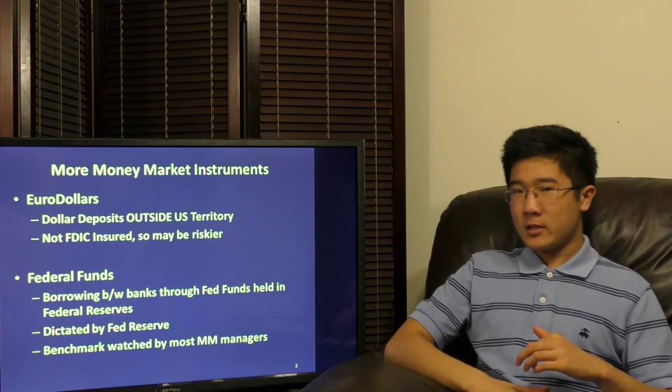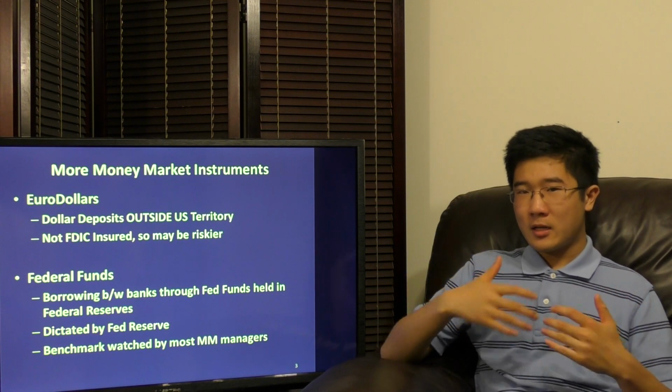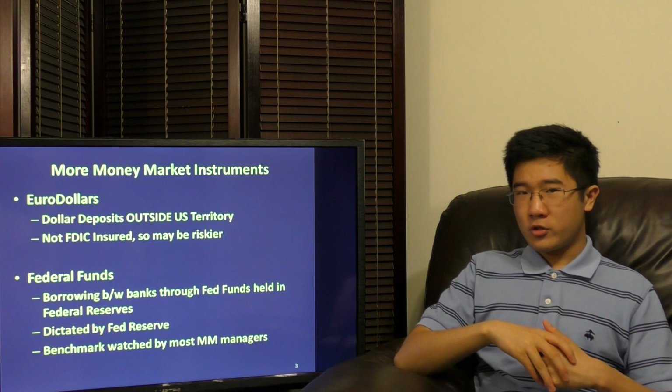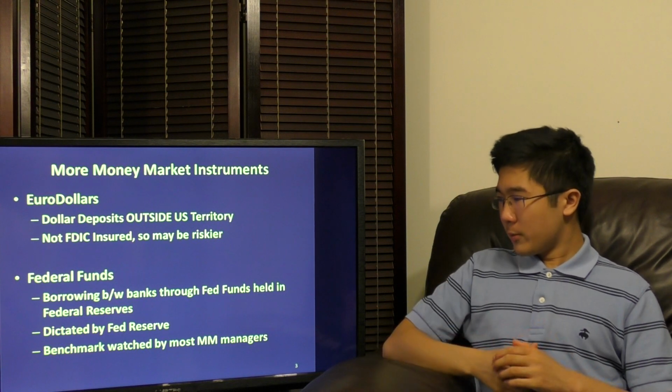A second one is federal funds. Federal funds isn't really an instrument. It's not something that you as an individual can trade or use in your trade. But it's actually a benchmark used by many money market managers.